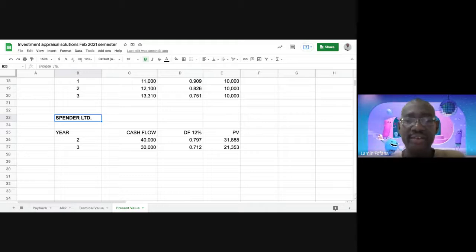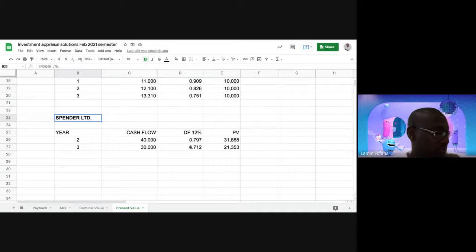Very important in investment appraisal. In fact, it is the most important appraisal technique that is commonly used, because it takes time value of money into account, by using the discounting technique we've just done.